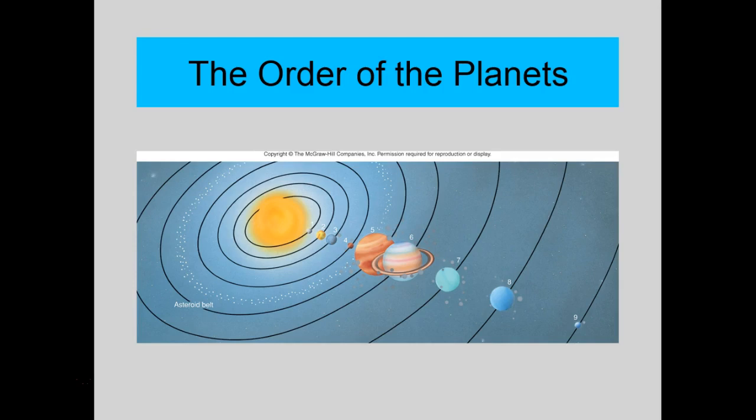Jupiter, 11 times the radius of the Earth. They don't call it a giant for nothing. Saturn, 9 times the radius of the Earth, and both Uranus and Neptune about 4. They are almost the same size. Uranus being a little bit bigger in volume, but Neptune a little bit bigger in mass.